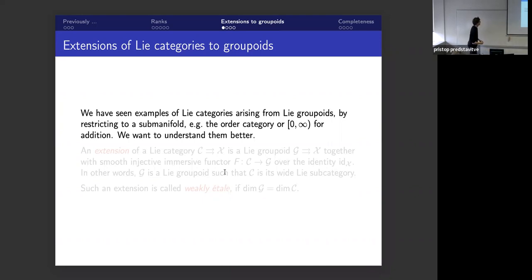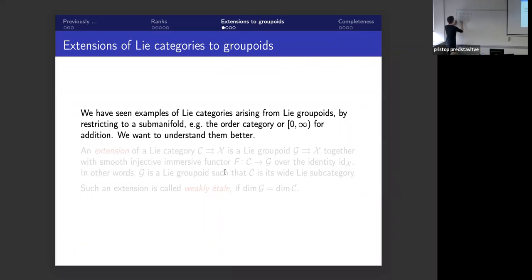Well, one multi-object example would be the order category. So first of all, take R and form the pair groupoid. So this would be: source of (y, x) is just x, target of (y, x) is y.